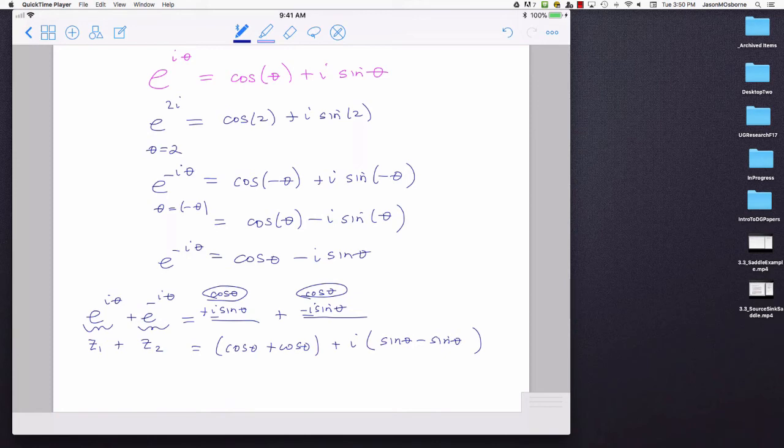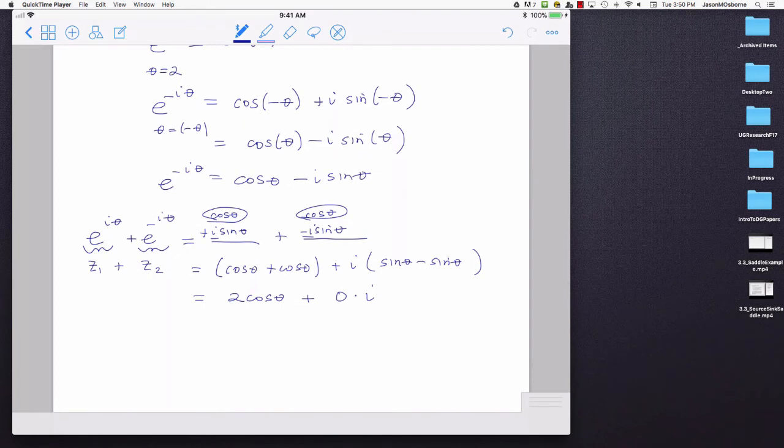So adding these two complex numbers, you get 2 cosine of theta plus 0 times i. So what you could say here is that the real part of e to the i theta plus e to the negative i theta is 2 cosine of theta, and the imaginary part of this complex number happens to be 0.